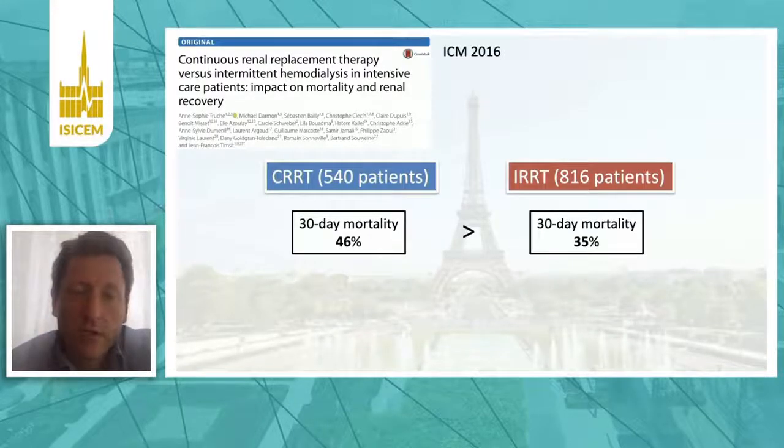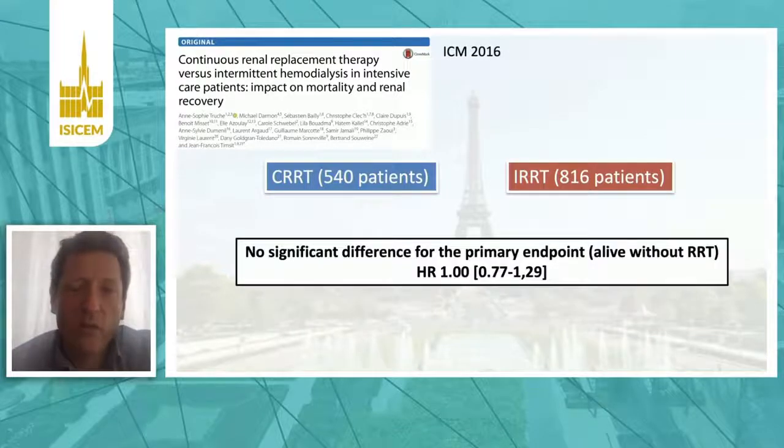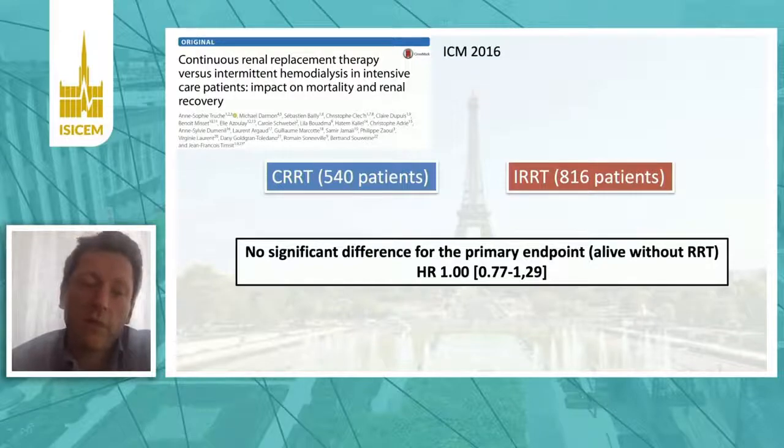So you can see that the 30-day mortality was higher for patients who received continued renal replacement therapy, but the RRT dependency was higher in the intermittent renal replacement therapy group. So this is the reason why we should use a composite outcome. And the result for this composite outcome is that there is no significant difference between the two modalities.